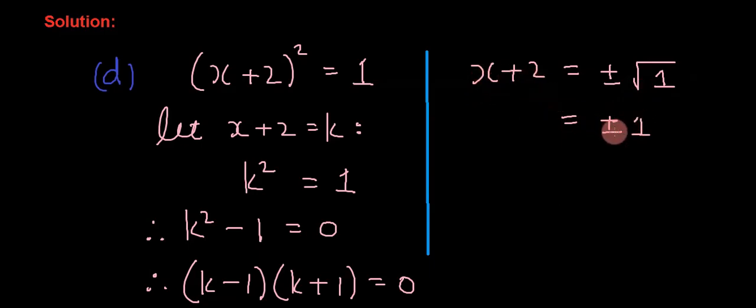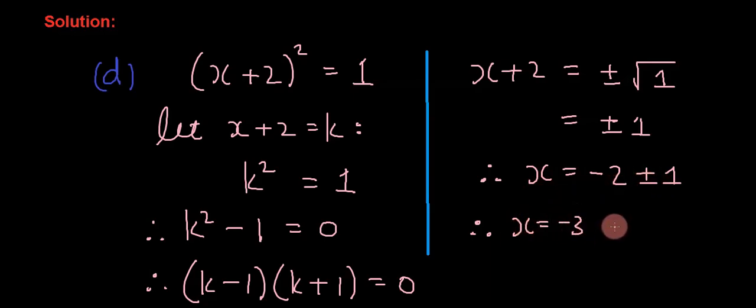So x plus 2 is plus or minus 1. Now I can take the 2 to the right-hand side. It becomes negative 2. So that means that x is negative 2 minus 1, in other words, negative 3. Or x is negative 2 plus 1, which is negative 1.